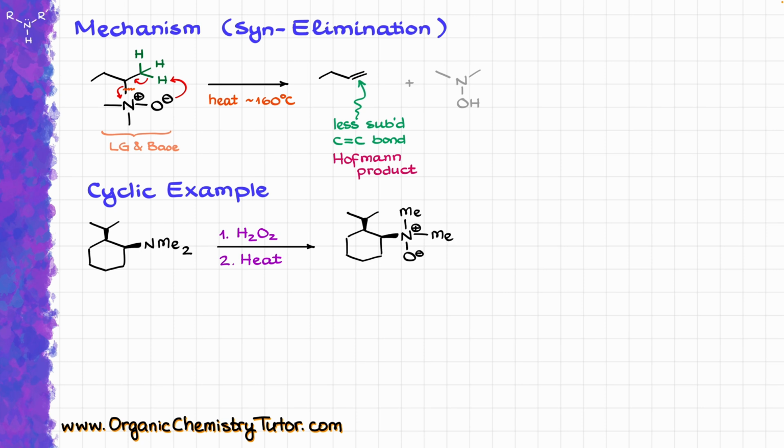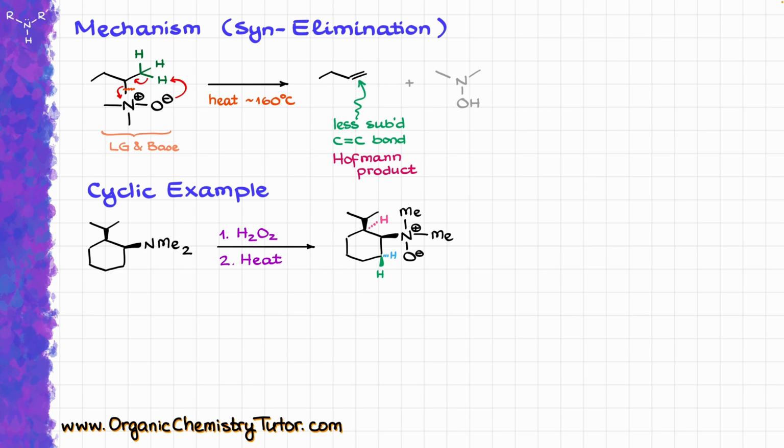Now, from this point, we have several different hydrogens in the beta position. I'm going to draw all of them and I'm going to color code them so it's a little bit easier to reference them. In this case, my green hydrogen over here is on the wedge, the same as my base/leaving group, so the green hydrogen is what we're going to refer to as the syn hydrogen, while the blue and the pink hydrogens are my anti hydrogens.